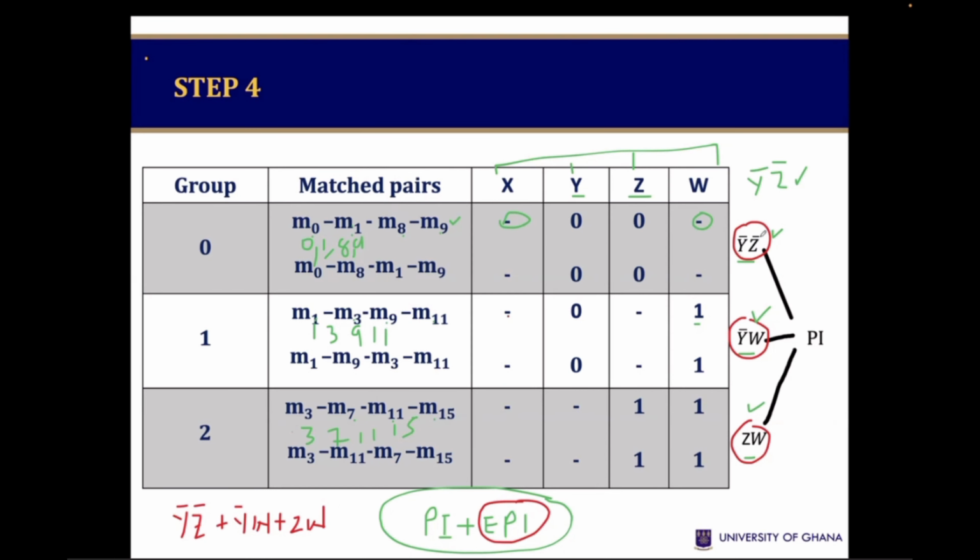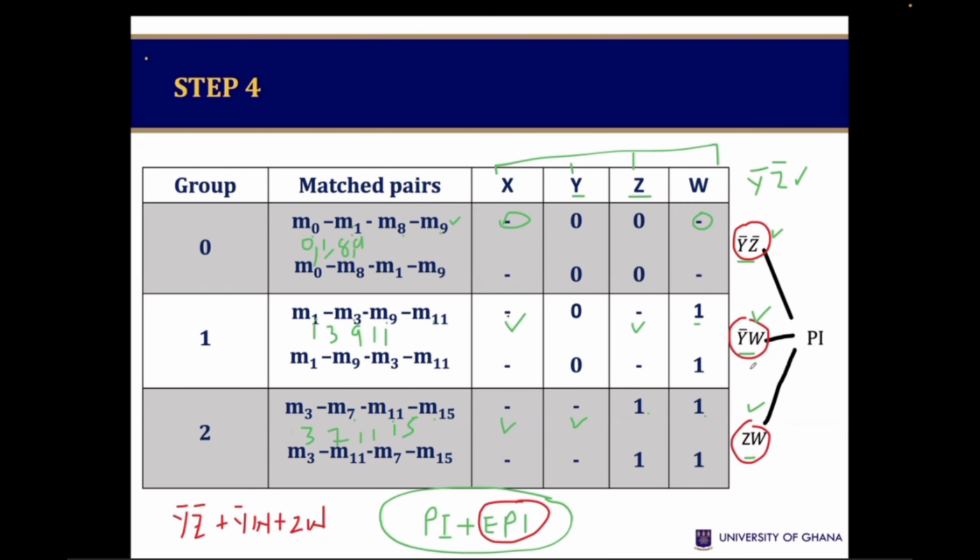So for this mean term, there's no X and W. We have been able to eliminate these. For here, we have been able to eliminate X and Z. That's why we have only Y bar and W. And here we have eliminated X and Y, and that is why we have only Z and W. So these are the mean terms that we represent as the prime implicants.